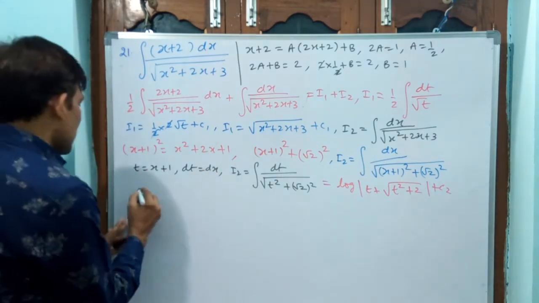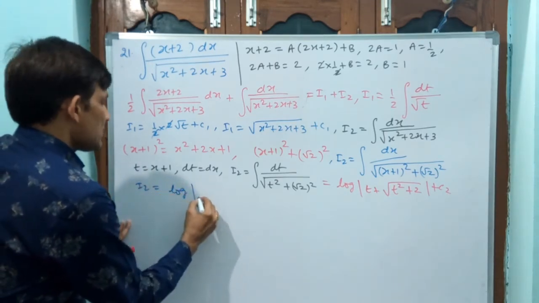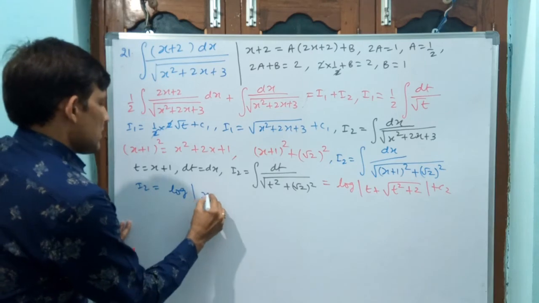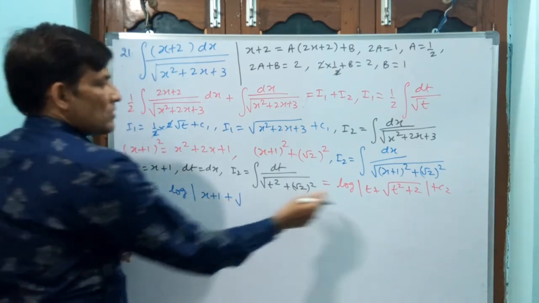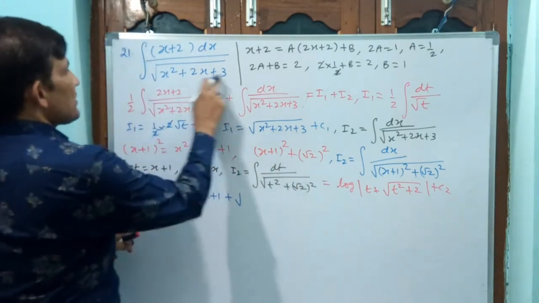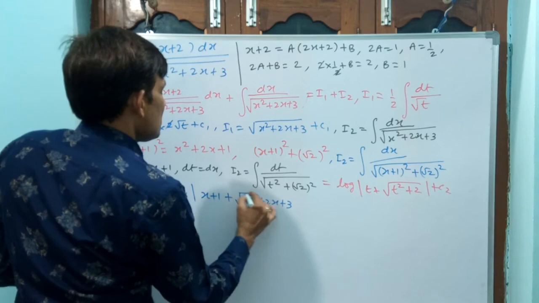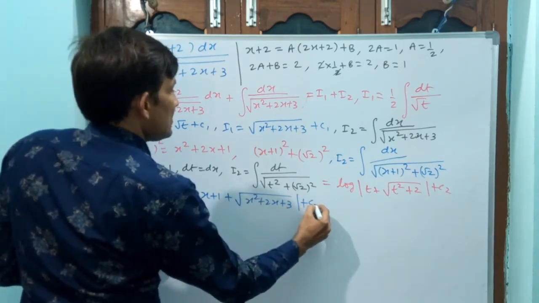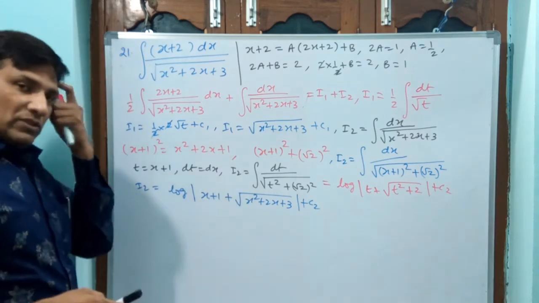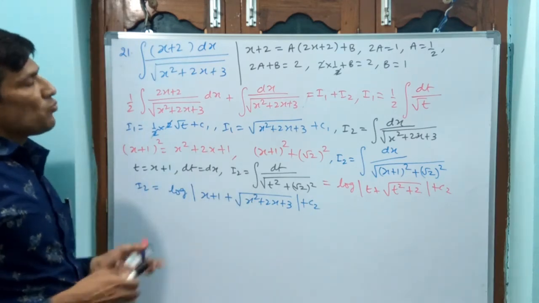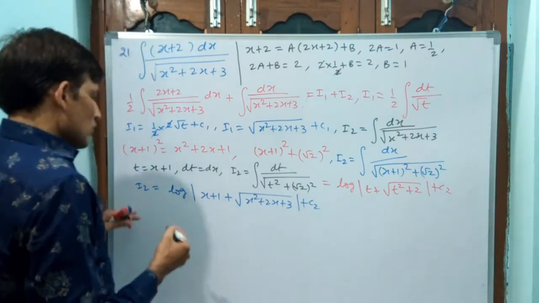Now you substitute t. I2 is equal to log of modulus t, which is x plus 1, plus square root of, see now, this entire x square plus 2x plus 3 copy, modulus plus c2. Okay. See now you have got I1 and I2 both. Then you combine. Why? Because nothing is minus here, all are plus only. You directly combine.